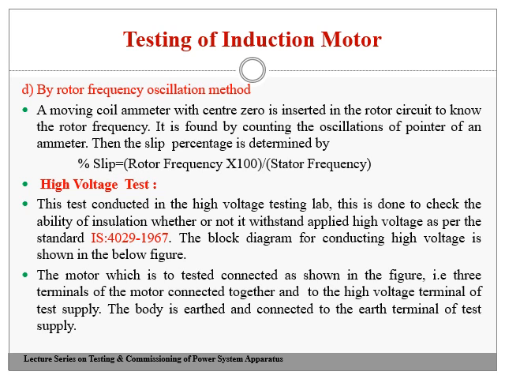The ground terminal of the high voltage transformer, as well as the protective casing of the induction motor, are grounded together, and the voltage is applied between the shorted terminals, that is the high voltage terminal, and the ground terminal to check the ability of insulation.